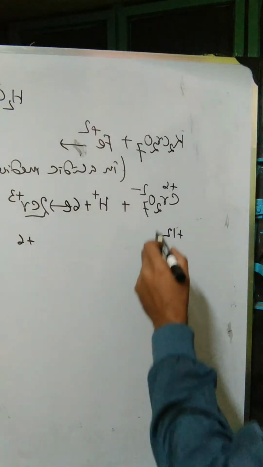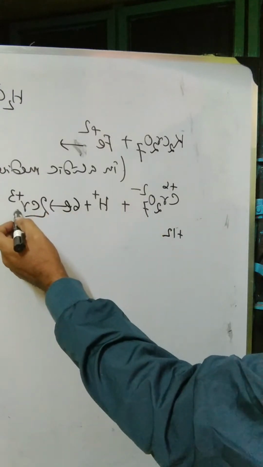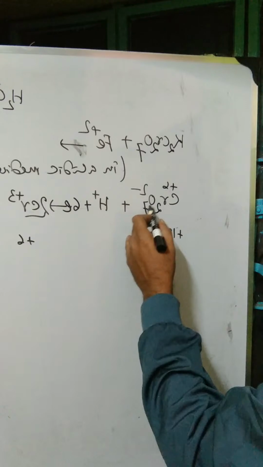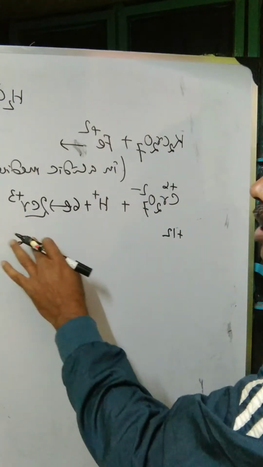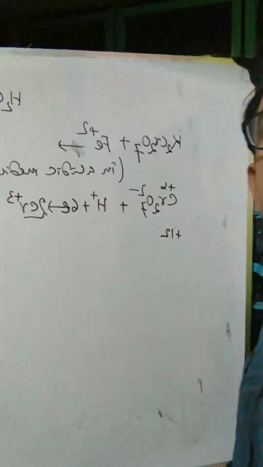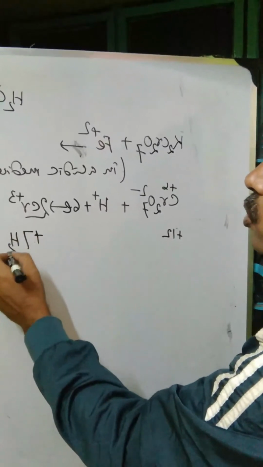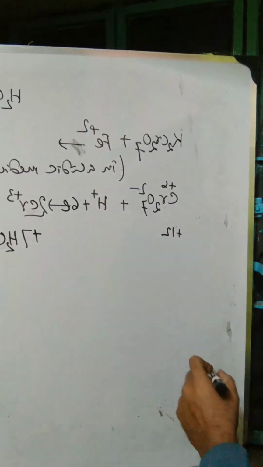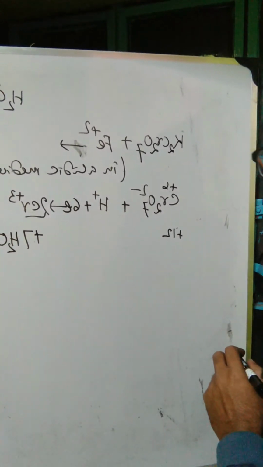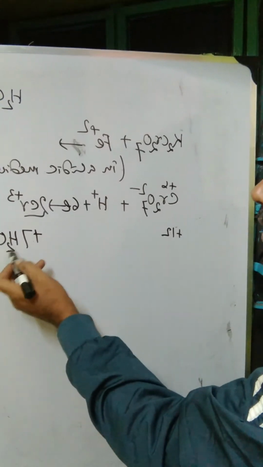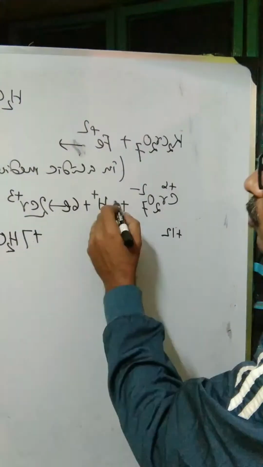Now here 7 oxygen atoms are there, but no oxygen is present on the product side. So 7 oxygen atoms are removed by H+ ions as water. 7 oxygen atoms form 7H2O, each H2O carrying 1 oxygen. So to remove 7 oxygen by H+, 7 H2O will be formed. Now to form 7H2O, the number of H+ ions required is 14.